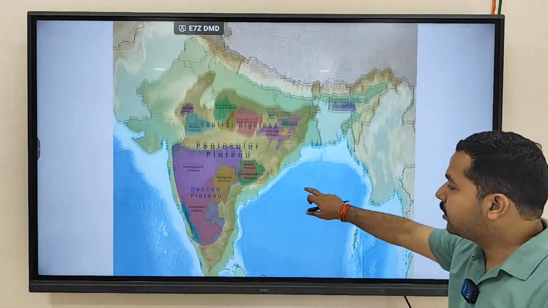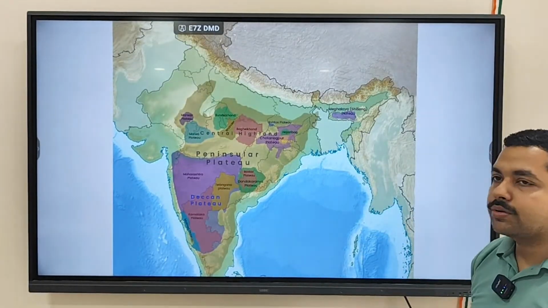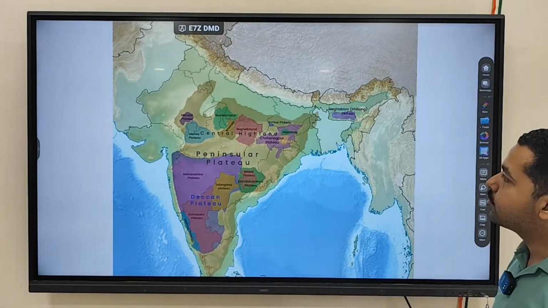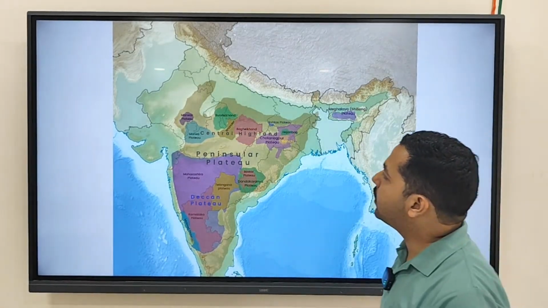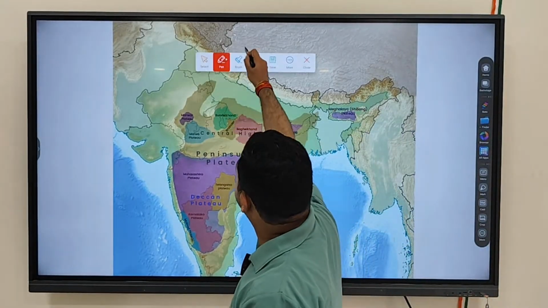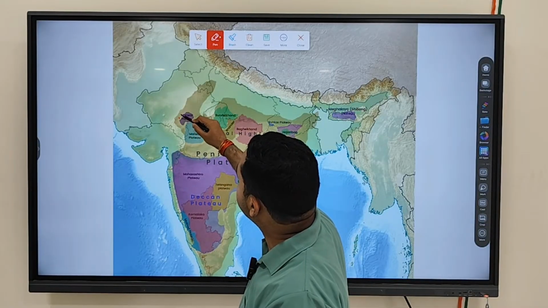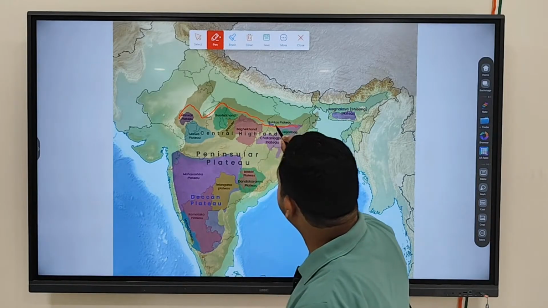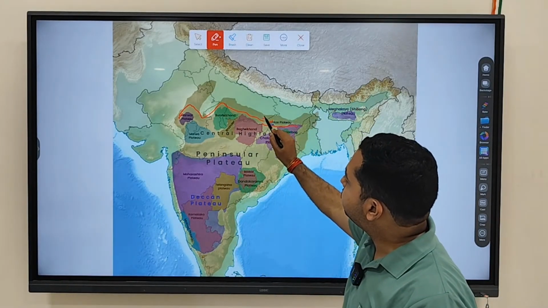So this is a division of the Peninsular Plateau that you are seeing. As we discussed, this particular part is referred to as what? You can see the extension of the plateau is up to this particular region. Clear? So we discussed this particular part.